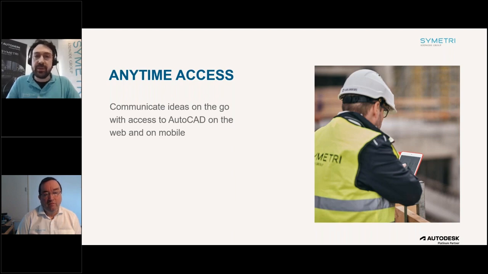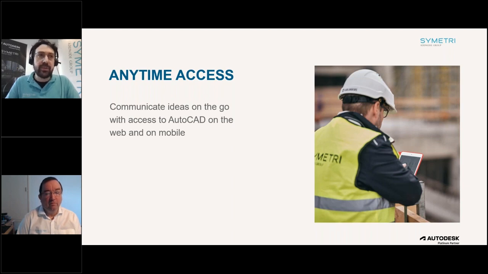So not just viewing your drawing, but you can go in there and draw. There is a drawing panel, so you can actually draw lines, objects, and so on, or use modifying panels. And you can access it in your browser, but it is also an application on mobile. So you can go on site with your tablet or your phone, and you can access AutoCAD directly from your tablet.